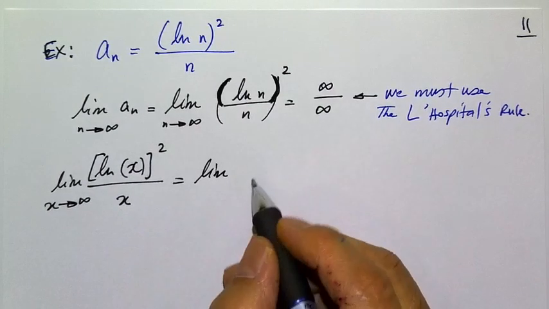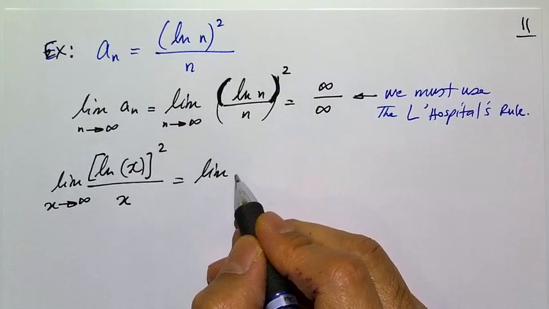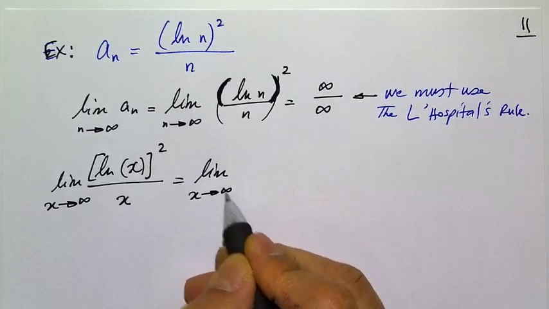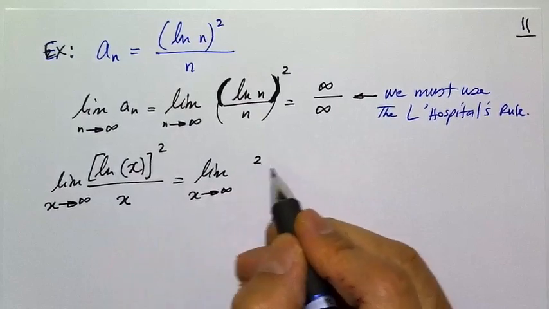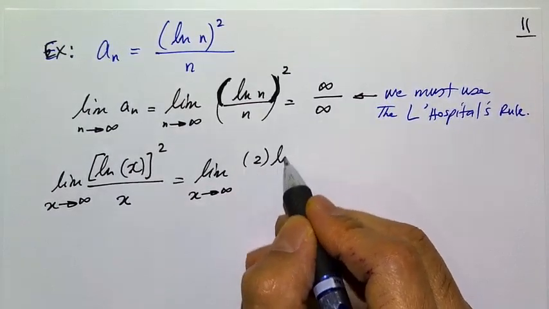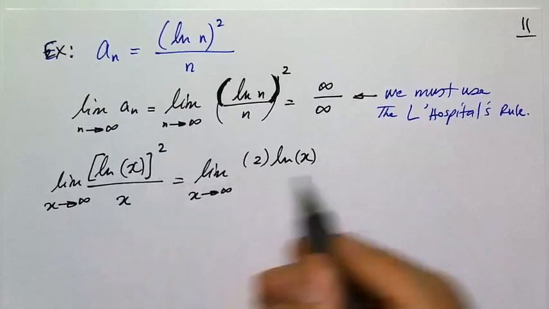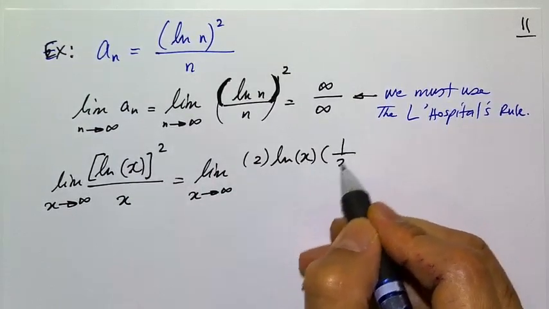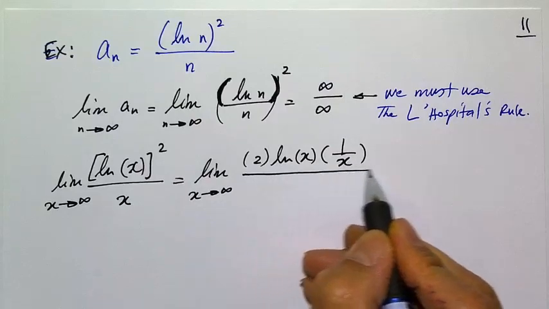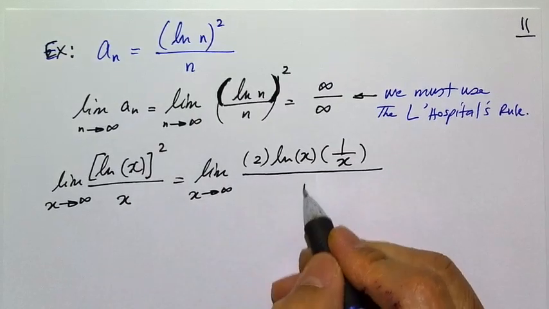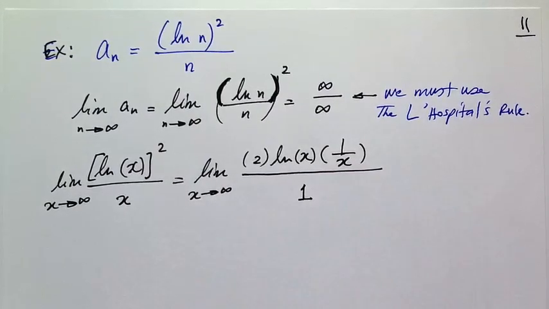To do that, we're going to take the limit of the derivative of the numerator divided by the derivative of the denominator. So we have limit as x goes to infinity of, take the derivative of this, 2 times natural log of x times the derivative of natural log of x by the chain rule, which is 1 over x, divided by, of course, the derivative of x, which is just 1.